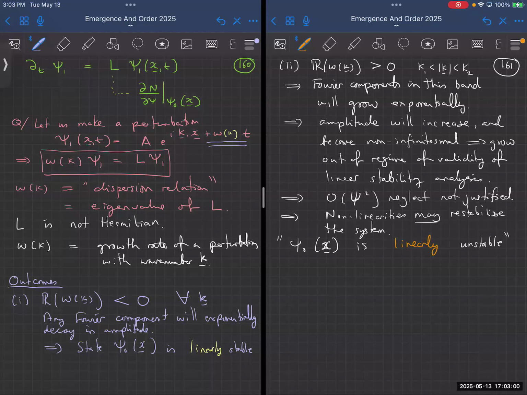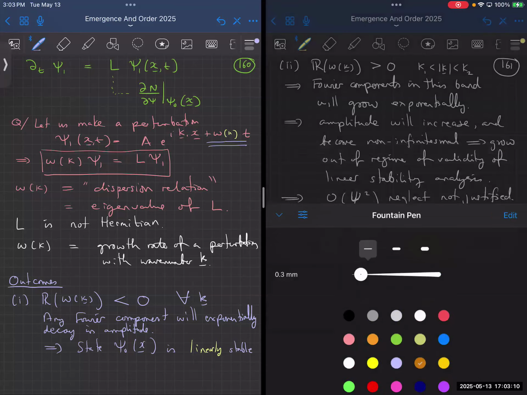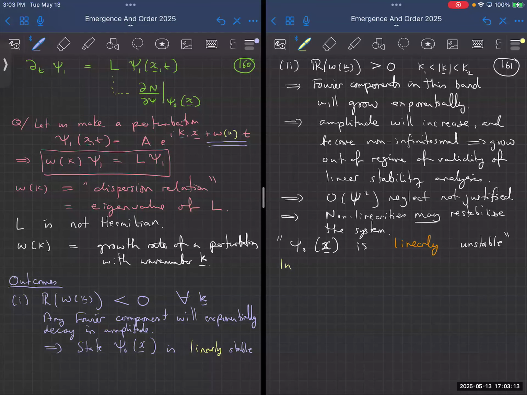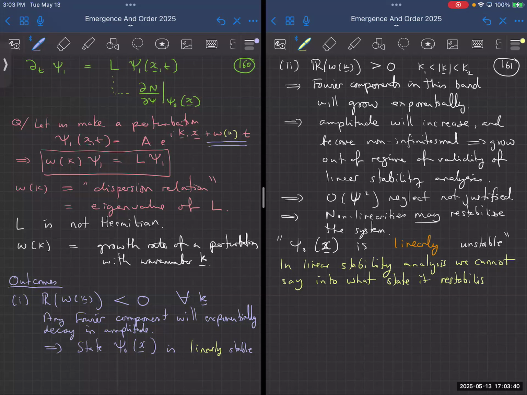So the drawback of linear stability analysis is that we cannot say into what state it restabilizes. So we have to do a more complicated calculation.